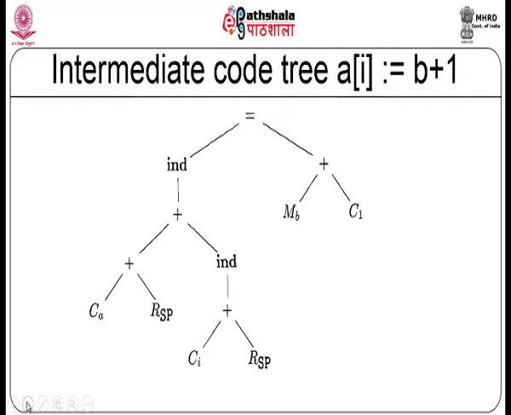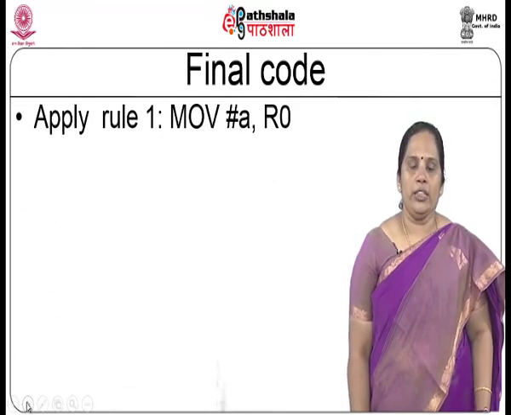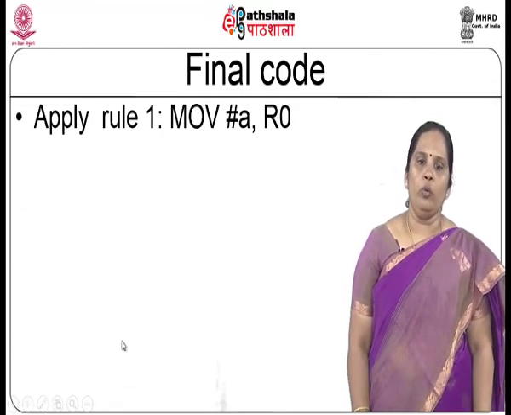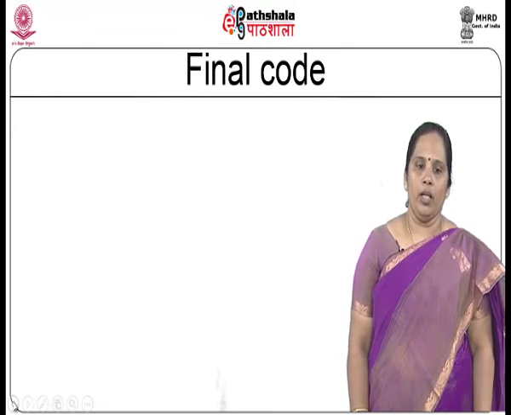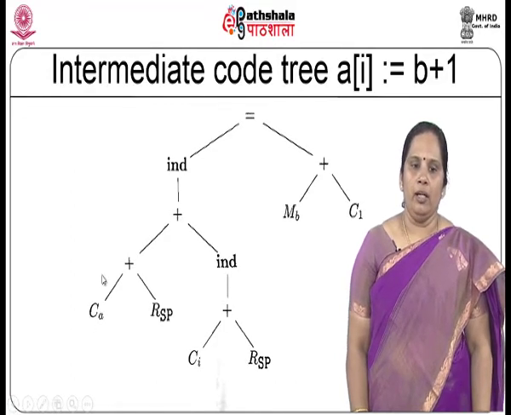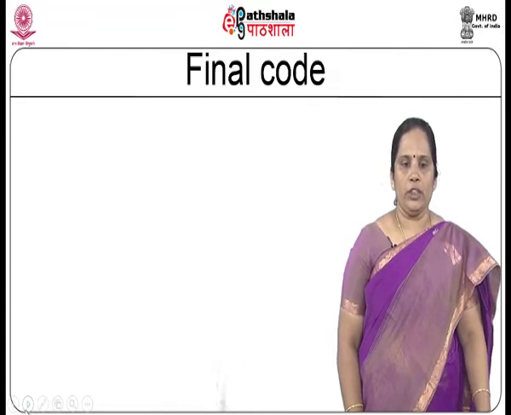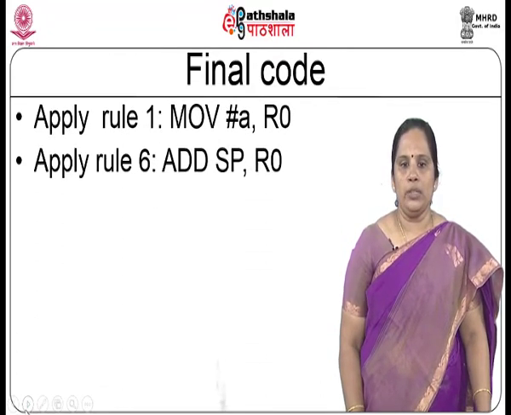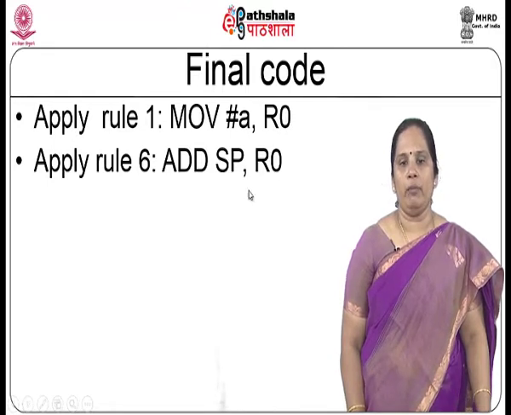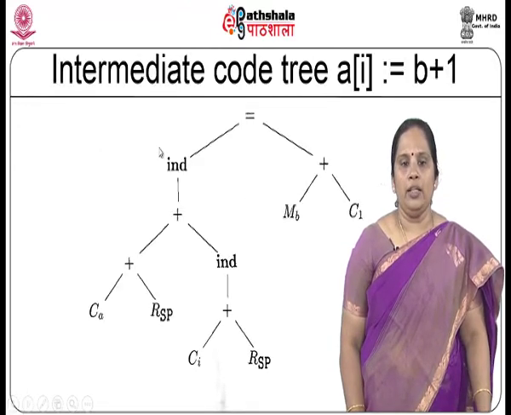So let us see this tree. First, you apply rule 1 and move A to R0. So you have A here, move A to R0, that is your situation. The next one will be applying rule 6 and then add stack pointer comma R0. As you can see, this is my add here.